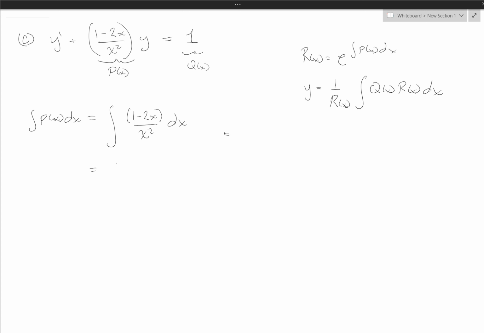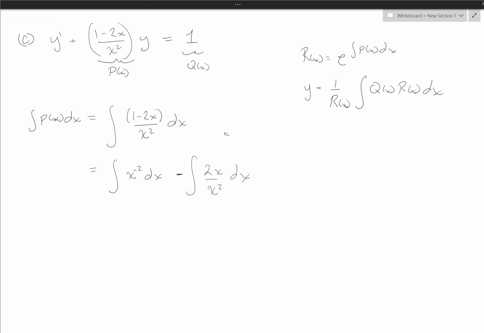This becomes the integral of 1 over x squared, which is just x to the negative 2 dx, minus the integral, let's leave the 2 inside because actually that's going to be nicer. So minus 2x over x squared dx. Okay? So this separates it out nicely.